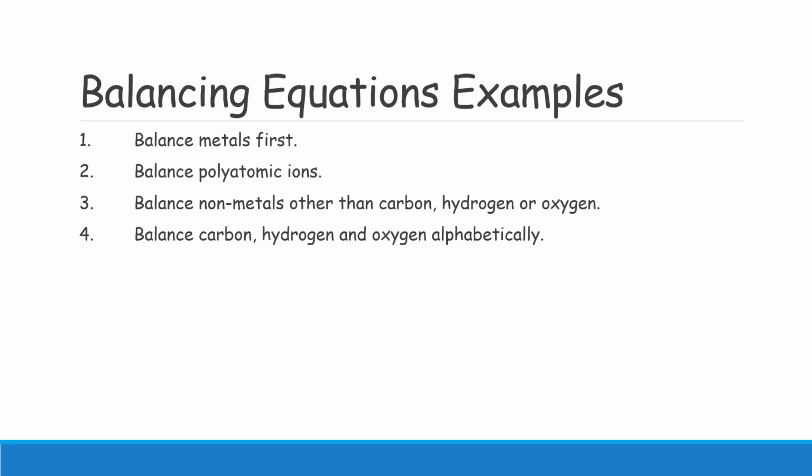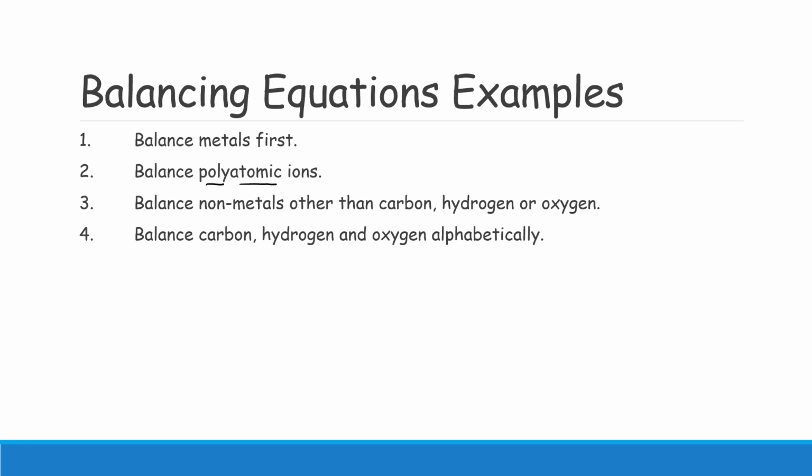In order to work out the coefficients, here is a series of steps which will allow you to do that. First of all, balance the metals. So magnesium, calcium, copper. Balance these ones first. Then balance polyatomic ions. Poly means many atoms in an ion.